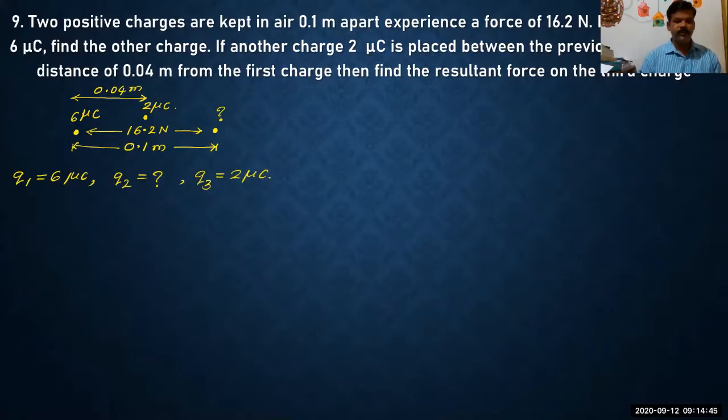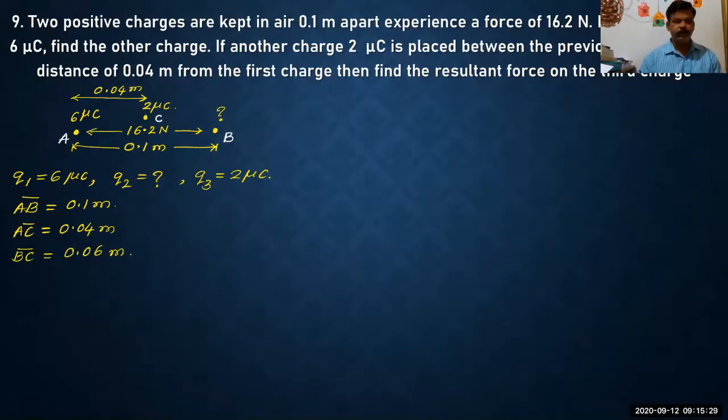Now the distance of separation between Q1 and Q2: if you assume three points, the first point is A, the second point is B, and the third point is C. Then the distance between A and B, AB, is 0.1 meter, and the distance between A and C is 0.04 meter. Then the remaining distance, BC, which is also necessary, is 0.06 meter.